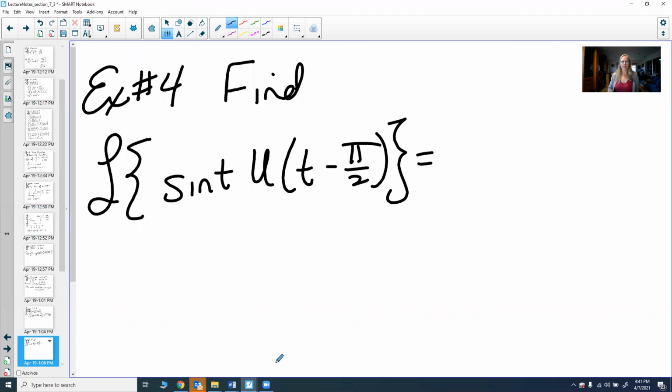So we know we're going to get a k, not s, which k in this case is 1. So it's 1 over s squared plus k squared, but k is 1, so it's 1 over s squared plus 1, times e to the minus s times a, being the pi halves. So in this case, it would be e to the minus pi halves times s. And so that would be your Laplace transform of that.